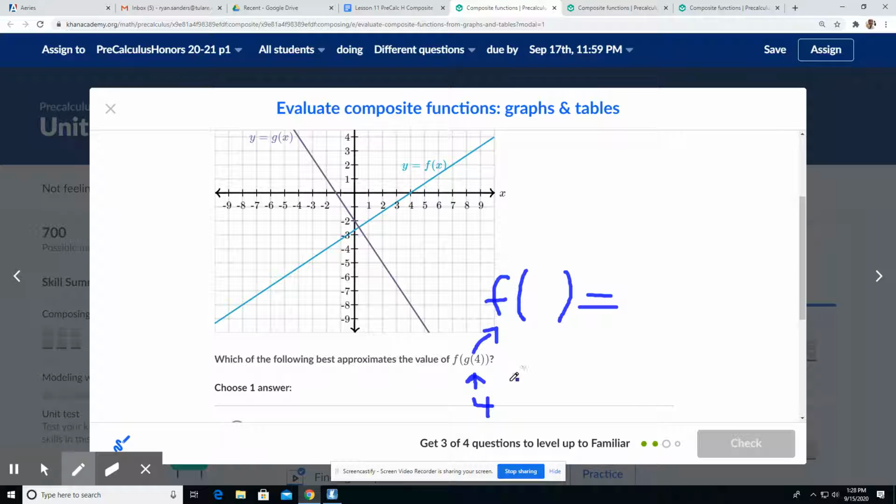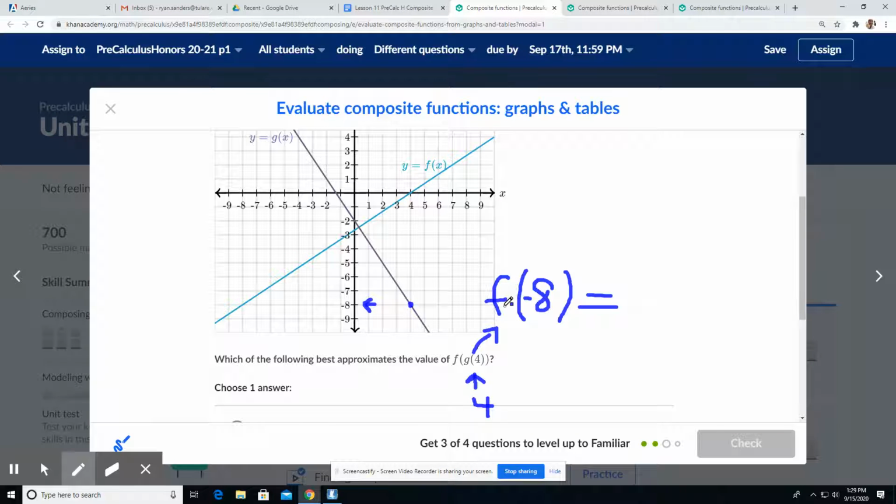So 4 on the g. 4 is an input, that's your x. 4 on the g is right here. And then we look at what the output is. The output, or the y value, is -8. So out comes -8 when you plug 4 in for g.